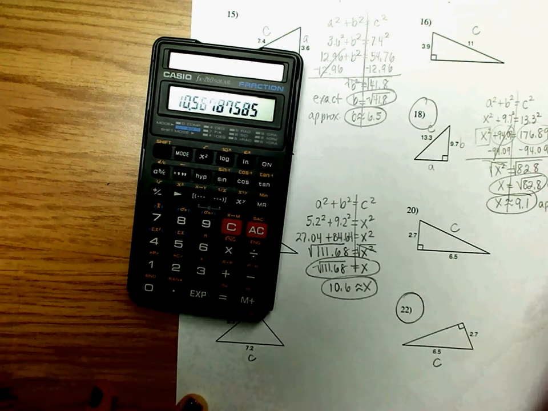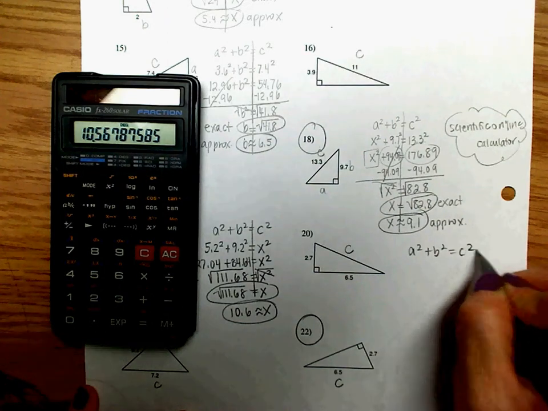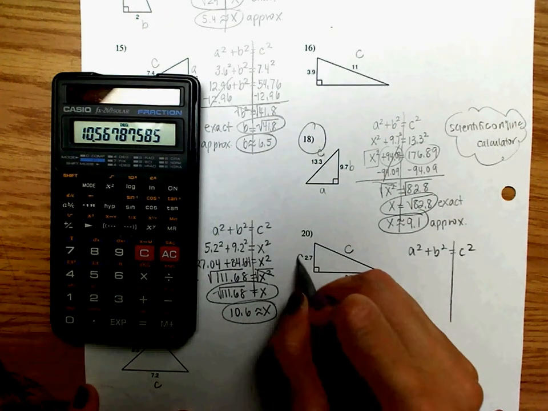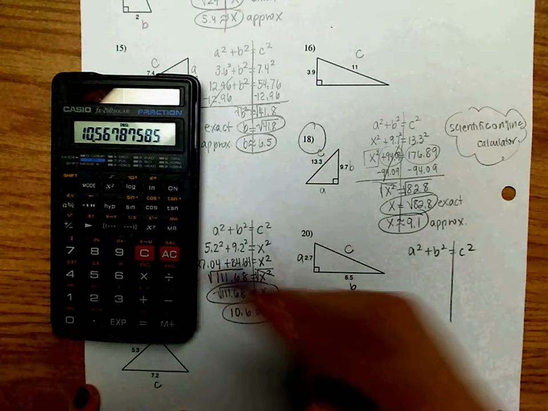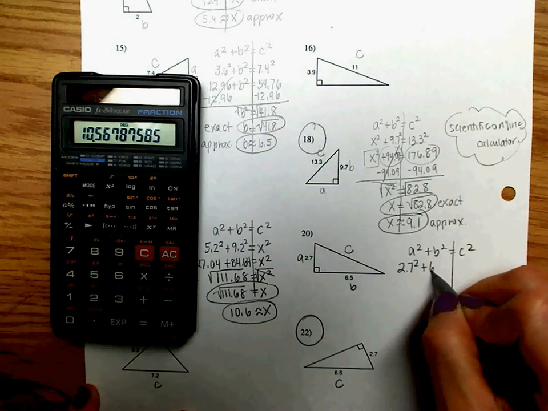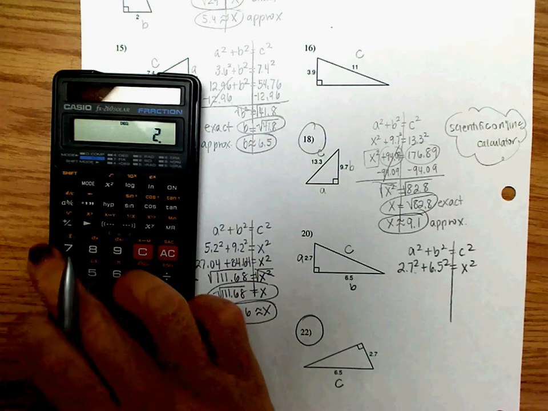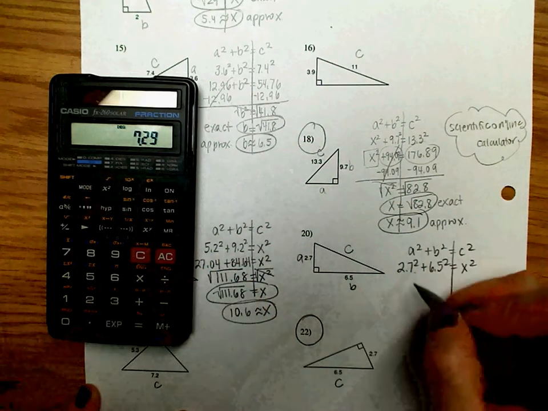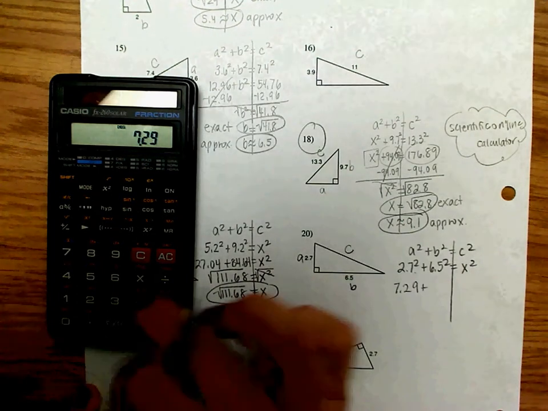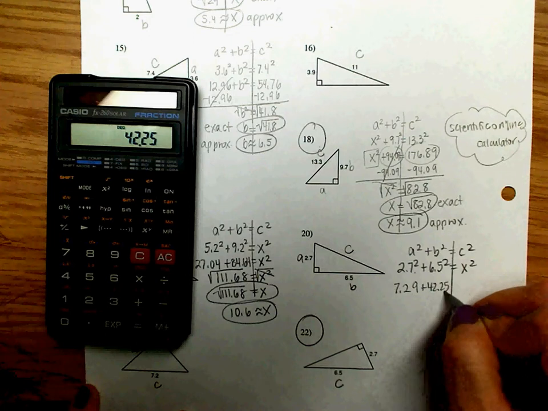All right? Number 20, a squared plus b squared equals c squared. We already know what c is. You can decide which one you want a and b to be. So we got a squared, 2.7 squared plus 6.5 squared equals x squared. 2.7 squared is 7.29. 6.5 squared is 42.25 equals x squared.